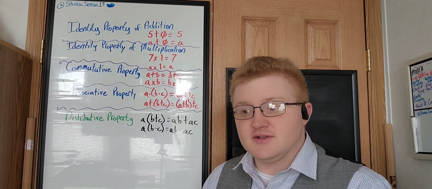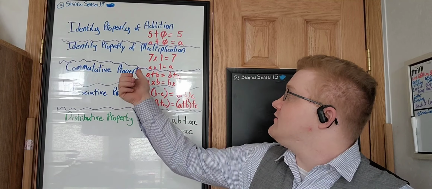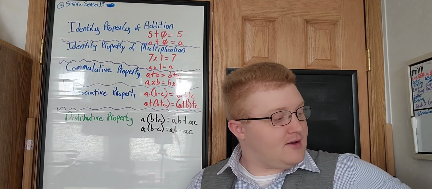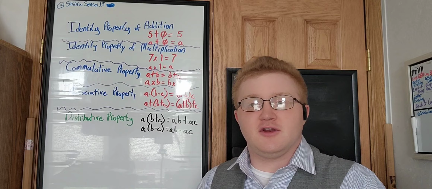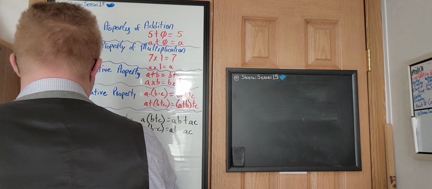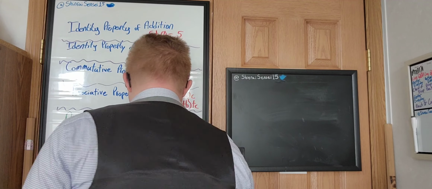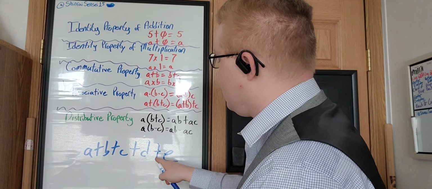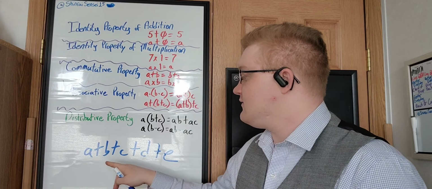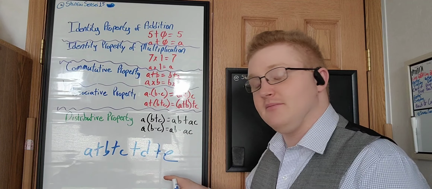Addition and multiplication, so long as it's just one of those operations going on, I could have 30 numbers written on here, right? So for the commutative property for addition, I could have A plus B plus C plus D plus E all on here. It does not matter what order any of these variables are written in, because it won't change the outcome.